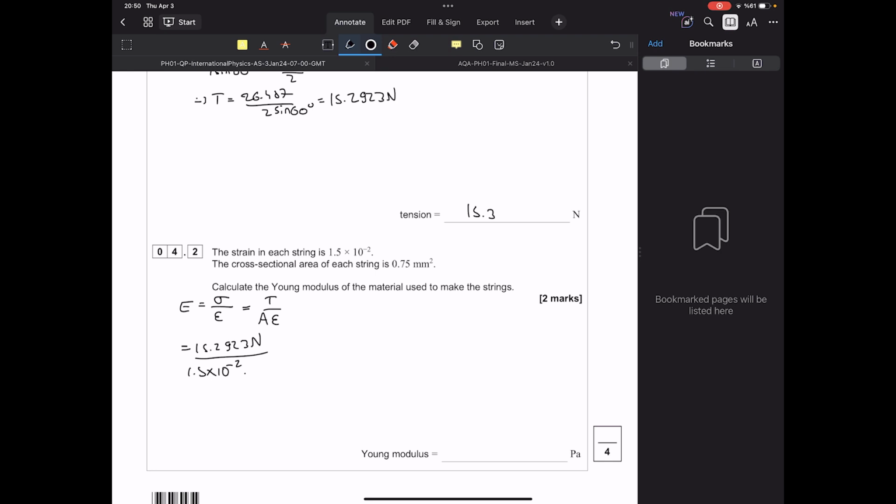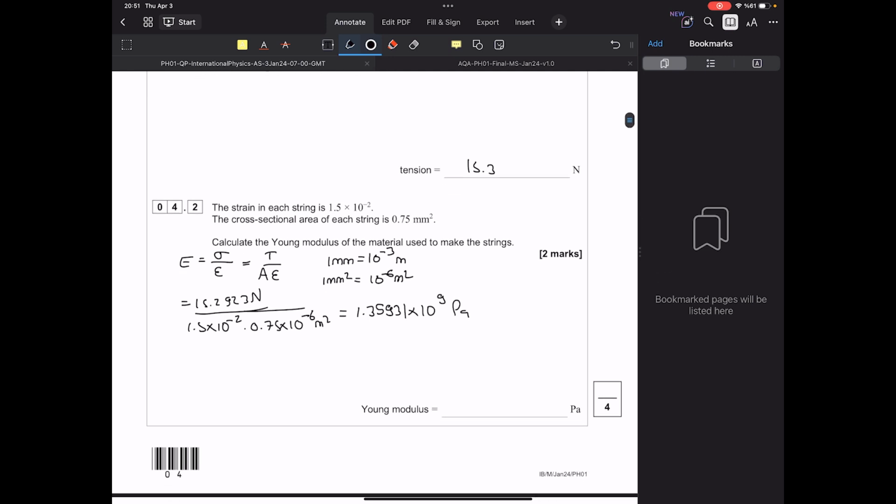Now we need to convert the area into meters squared. 1 millimeter is 10 to the negative 3 meters. So 1 millimeter squared is 10 to the negative 3 meters squared, or 10 to the negative 6 meters squared. That will be 0.75 times 10 to the negative 6 meters squared. So 15.2923 divided by 1.5 times 10 to the negative 2 times 0.75 times 10 to the negative 6 will give us 1.35931 times 10 to the 9 pascals.